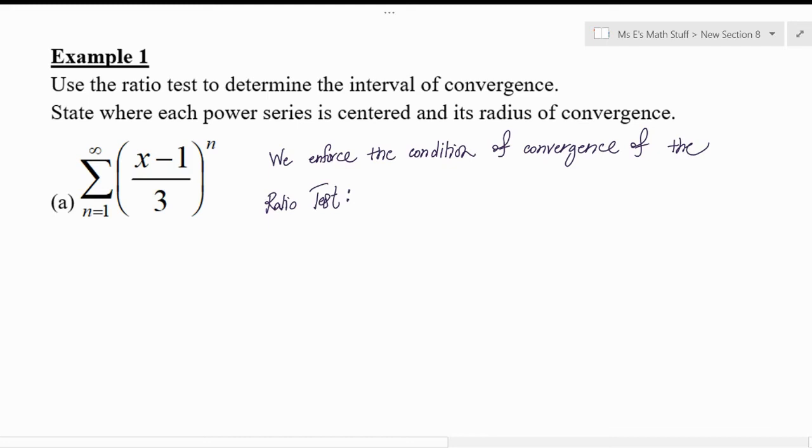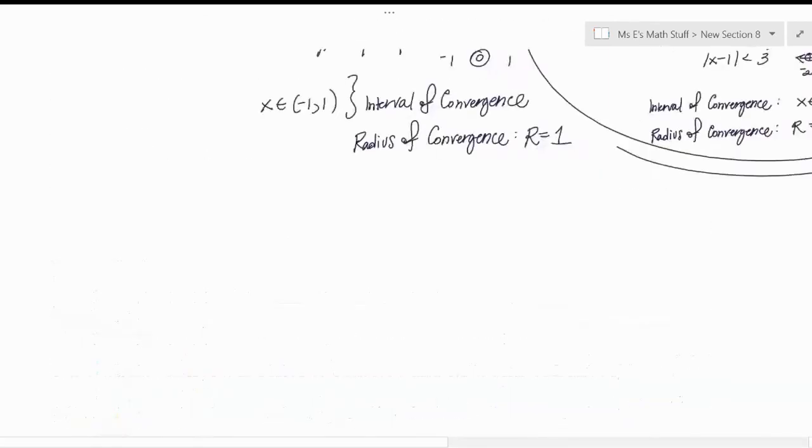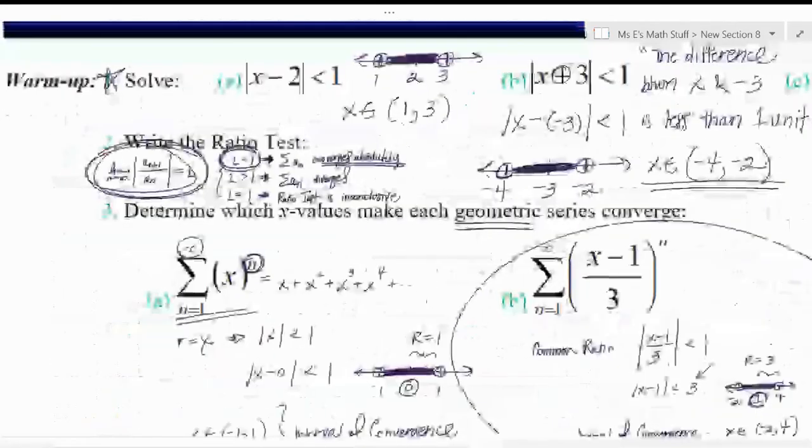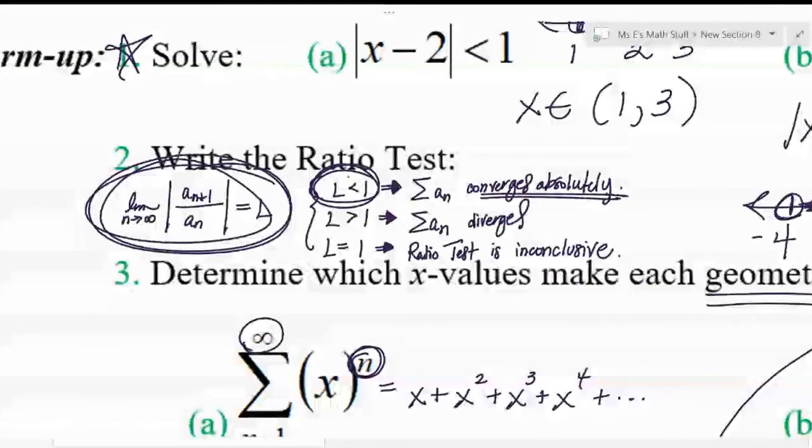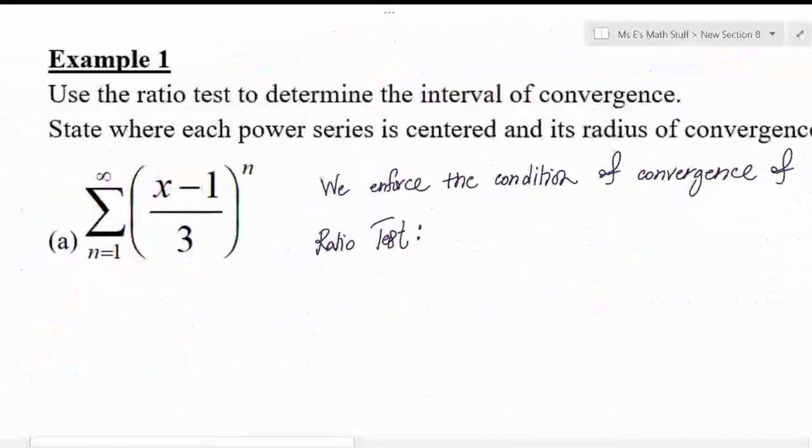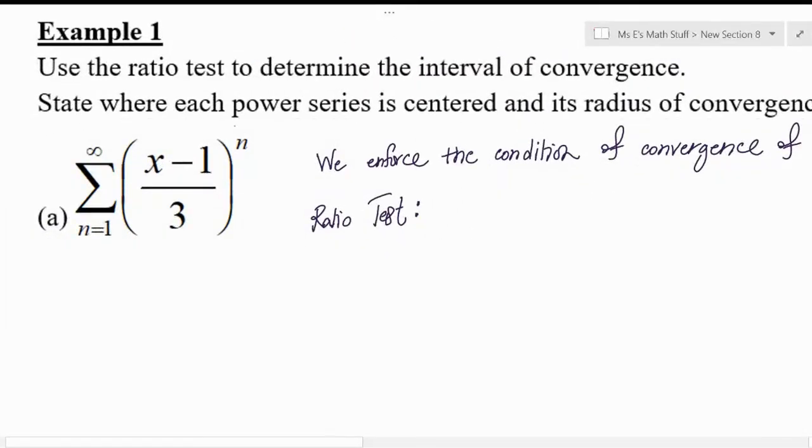Okay. Now, what is the condition of convergence of the ratio test? Let's look. It's that if you take the limit as n approaches infinity of the n plus 1 term divided by the n term, take the absolute value. If you get something less than 1, it definitely converges absolutely. So what would that look like if we did that with this problem? Well, this is how they're defining the nth term, right?